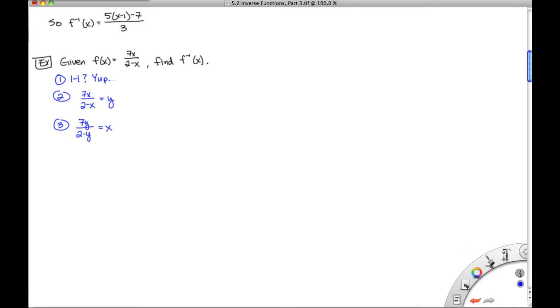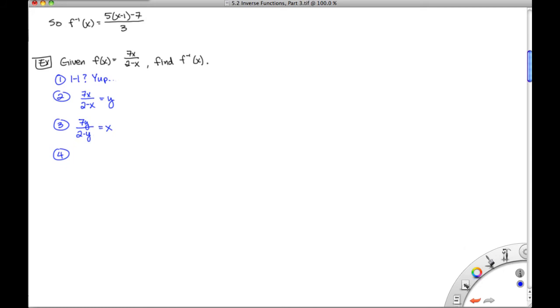Now, step 4. The algebra is going to get a little bit tricky here, so follow along. We're going to want to try and isolate y. Please resist the urge to cancel those y's out, because that does not hold true for this equation. There's a couple ways we could do this, but what I'm going to do is multiply both sides by 2 minus y.